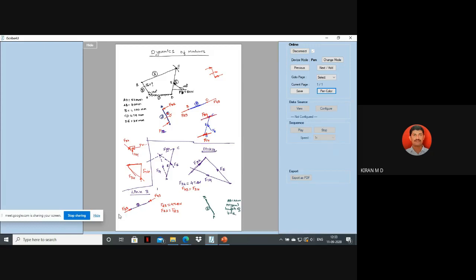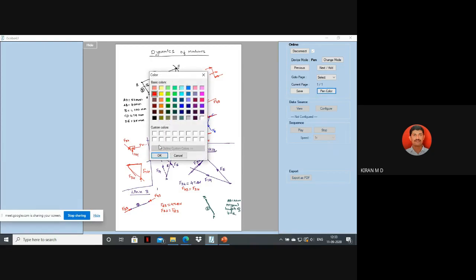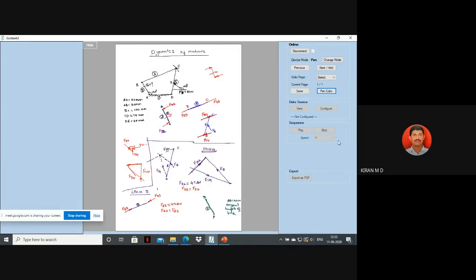So you write that force. I know this is the direction of F32. Similarly, the opposite force should be at the same angle in the opposite direction.